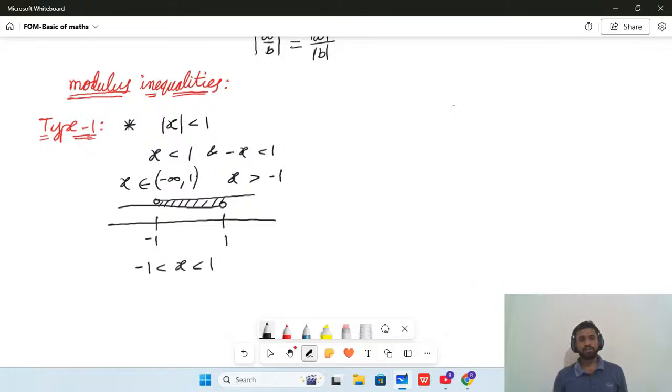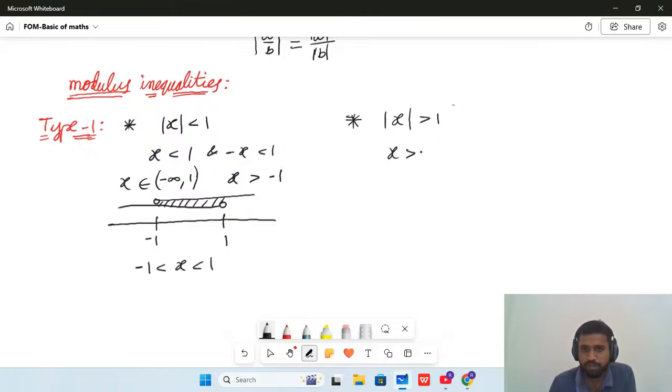Similarly, what is the solution of mod x greater than 1? One time open with the positive sign and next time open with the negative sign.